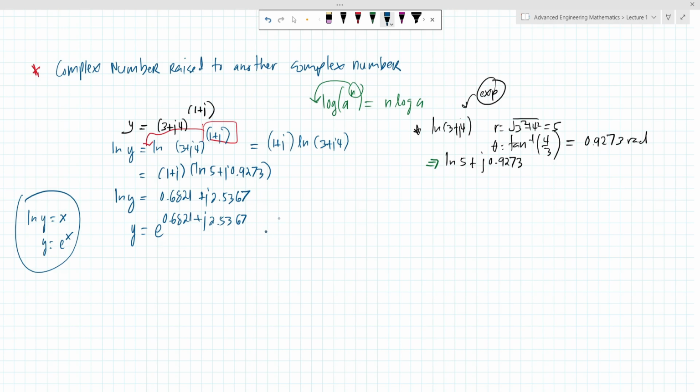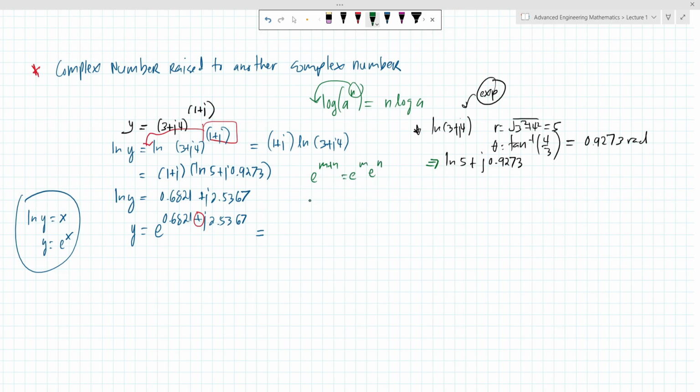Now the next step, guys, is to separate the exponent. Take note, we have here addition in the exponent. Whether it is plus or minus, just separate. For example, if you have e raised to m plus n, that is the same as e raised to m times e raised to n.